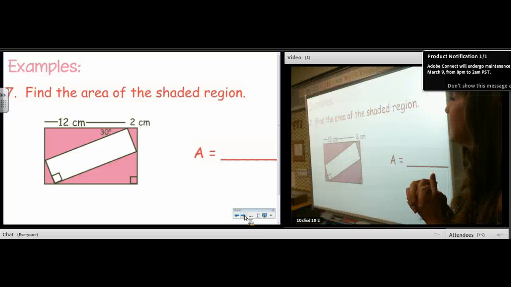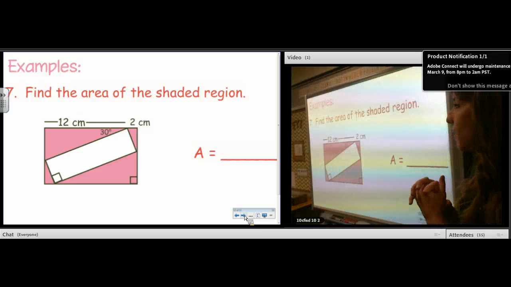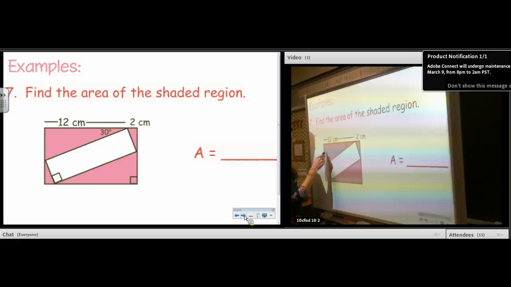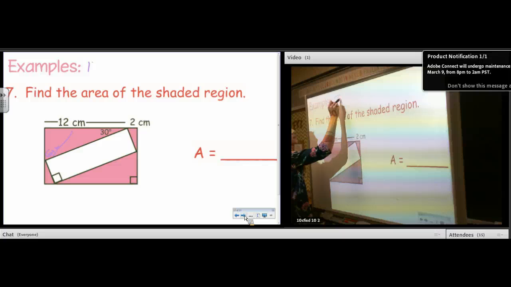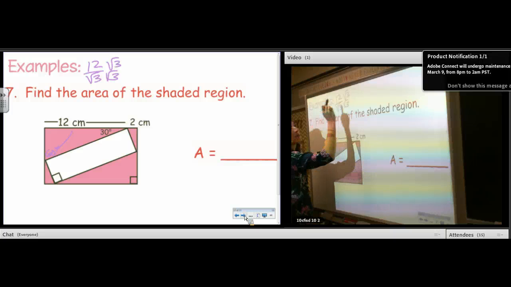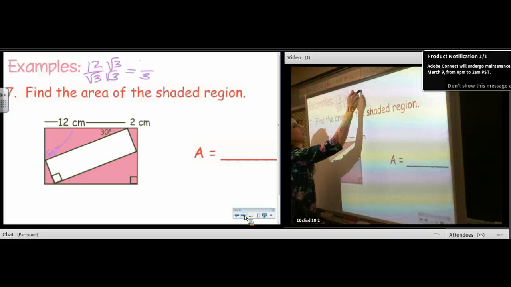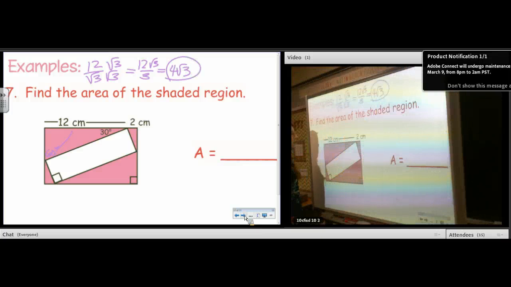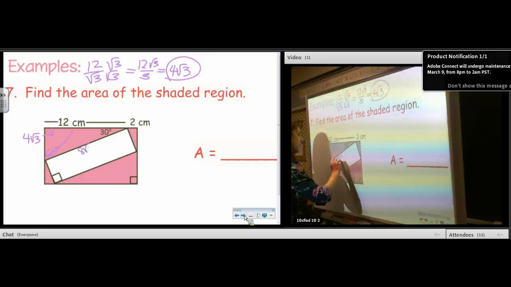So let's focus on finding the side lengths that we don't know yet. 12 is across from 60. Ooh, that's bad news. Okay. So 12 divided by root 3. Rationalize, or if you knew how to get straight there, that was fine. So that goes across from 30, and then across from 90, that's going to give us the side length. That's good. 8 root 3. There we go.